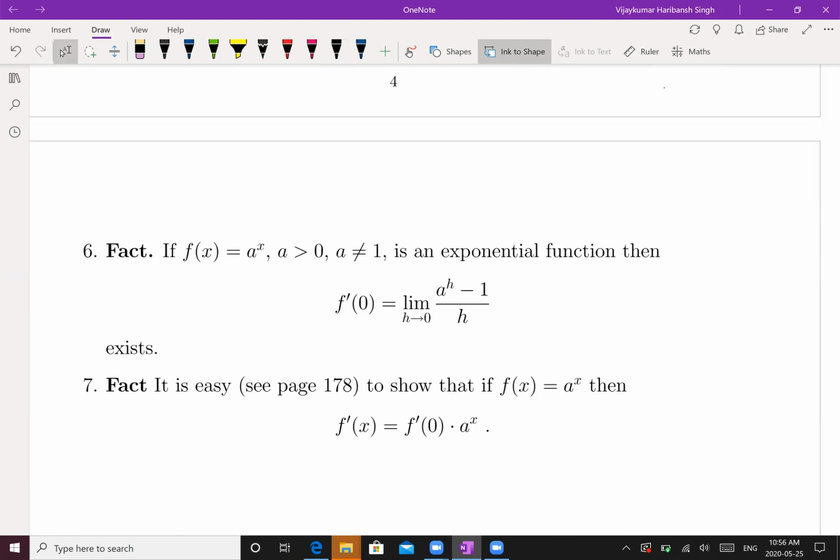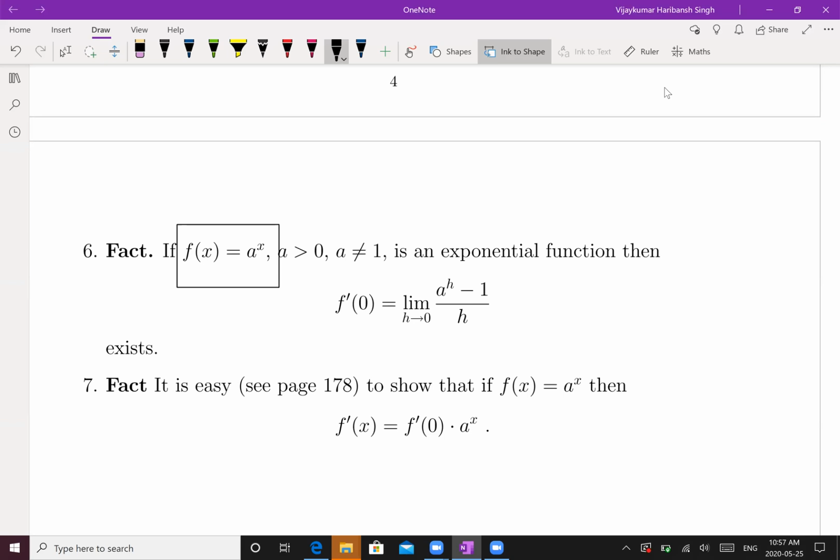Now f of x equals a to the power x, where a is greater than 0. And if a is not 1, then we call such a function an exponential function. And now what is f prime of 0? f prime of 0 is the limit as h goes to 0 of a to the power h minus 1 over h, right? Why?